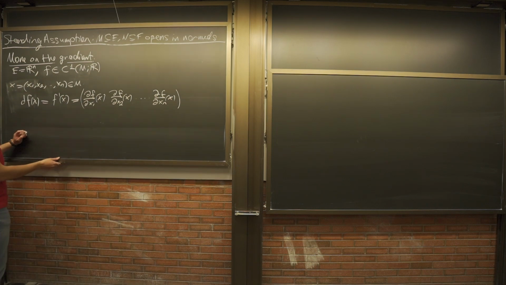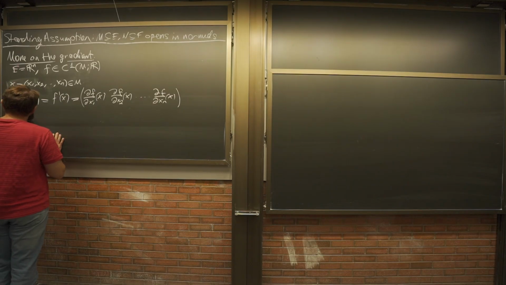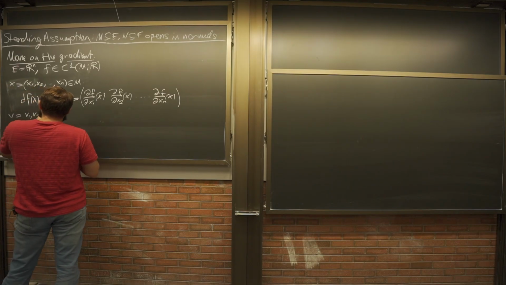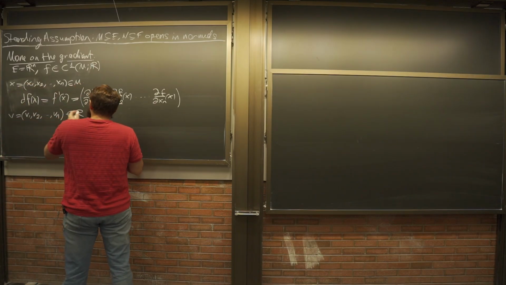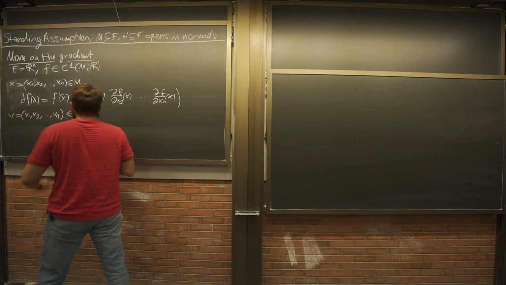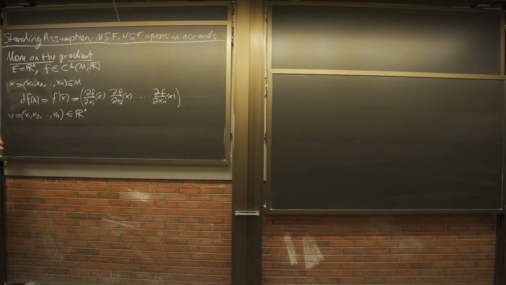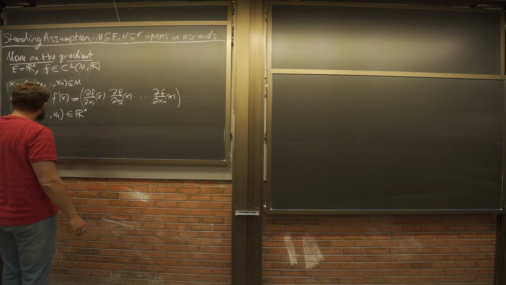And so if I were to take a vector, again a tuple in Rn, what is Df of x supposed to do on v? Well, you just take this and write it next to this, and you take the dot product.